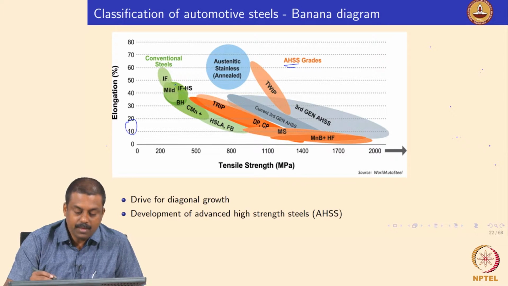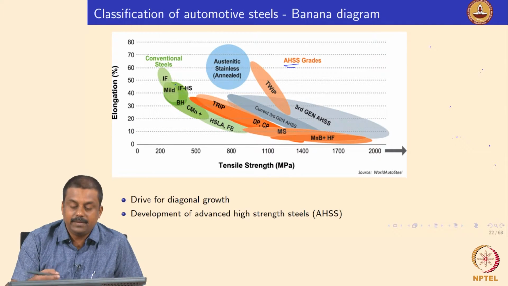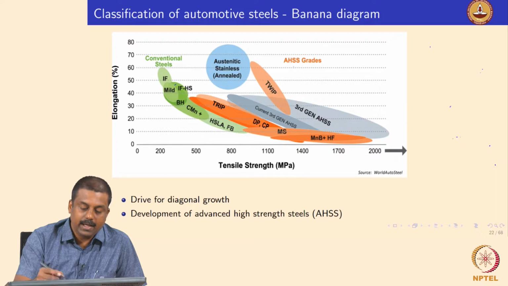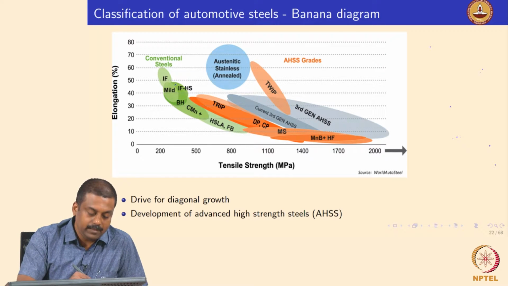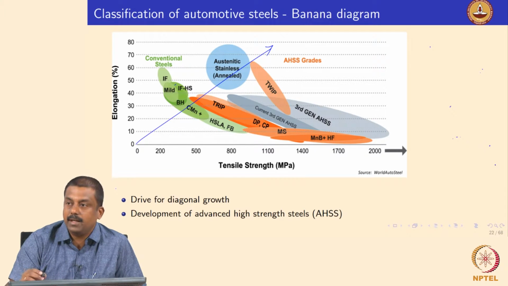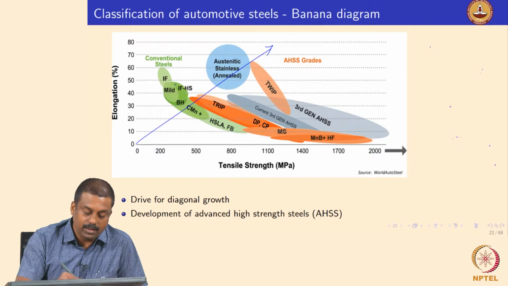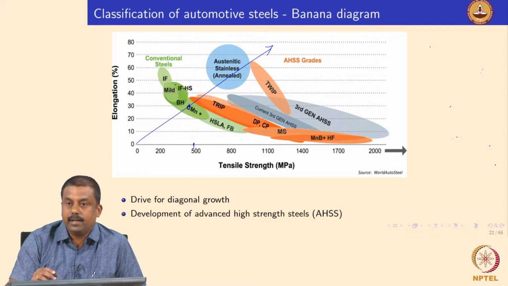So a lot of research went into developing new microstructures with an objective of developing steels which actually lie diagonally to this graph. So we need to have reasonable strength as well as acceptable ductility.